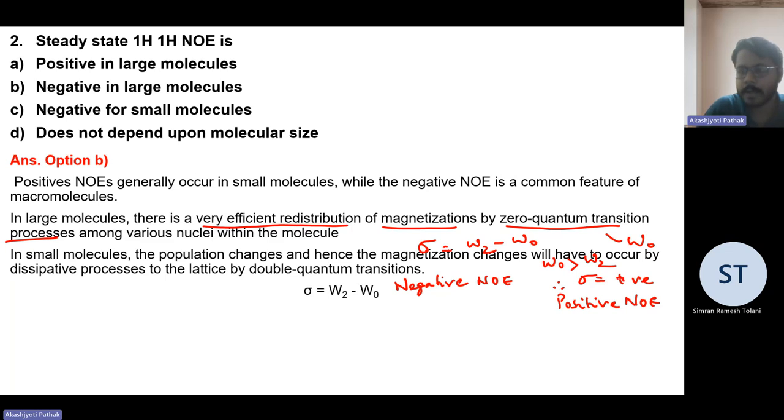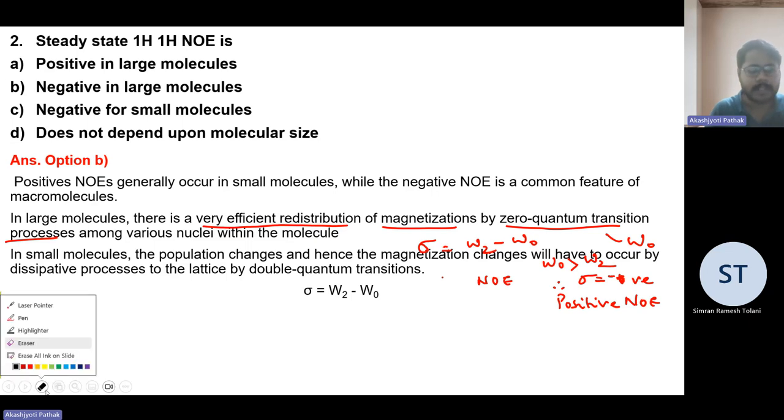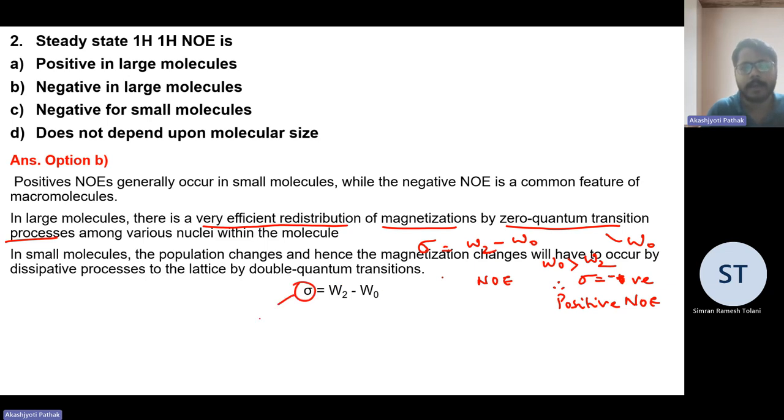It will be negative, but in case of small molecules, there we will see positive NOE, because the W2 is large in case of small molecules. Since W2 is large in small molecules, this sigma will be positive, and therefore it will be called positive NOE.